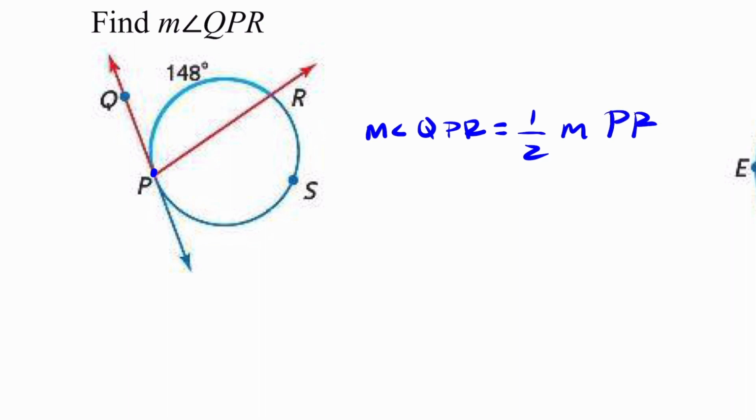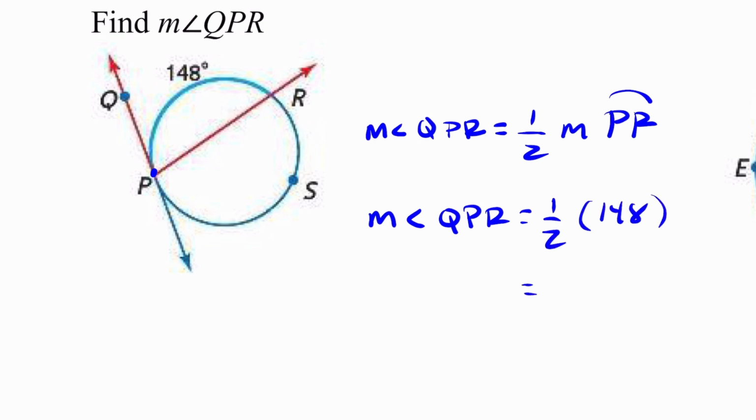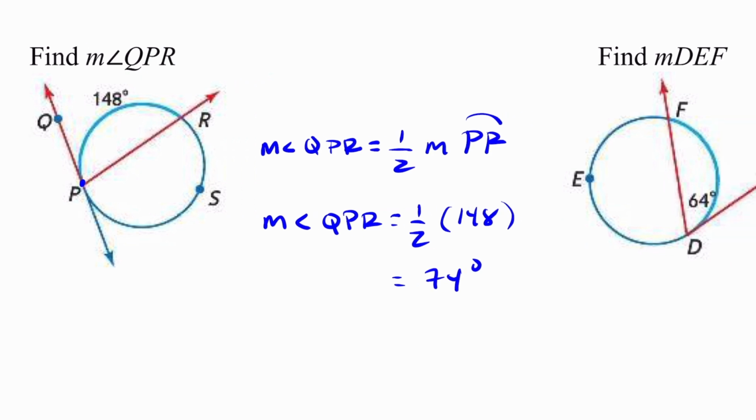I just want to make sure I'm naming this right, because this looks like PR, but remember it's actually PSR, and that's my major arc, which deals with 3 points. What I want is the minor arc, because we're dealing with 2 points here. So the measure of angle QPR is equal to 1/2 of 148. So 148 over 2 is 74 degrees. And that's our answer.